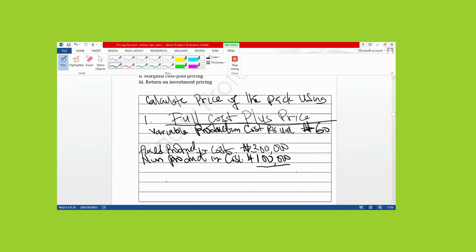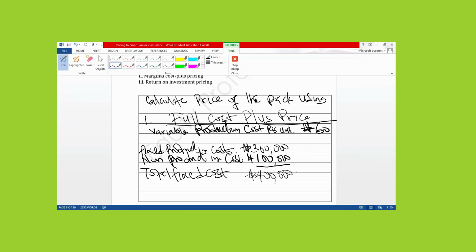Total fixed cost, 400,000. Total fixed cost for this product is 400,000.